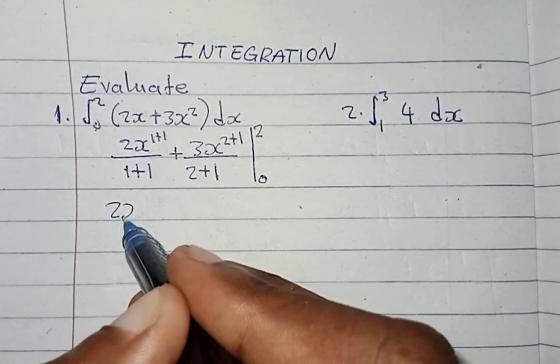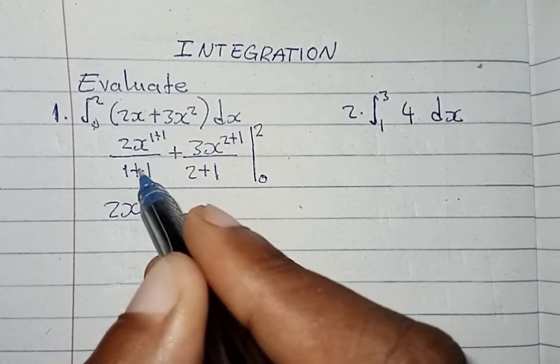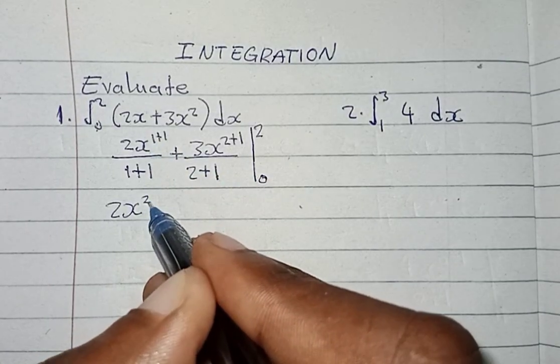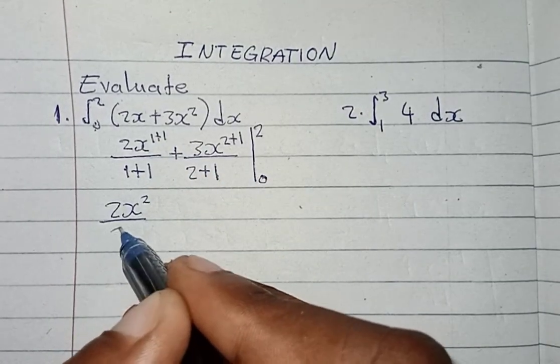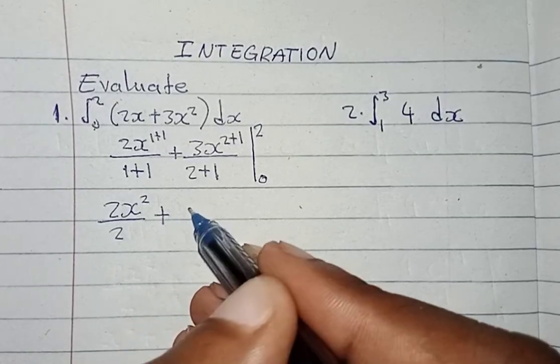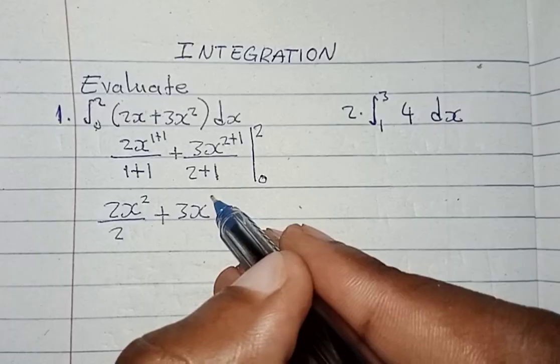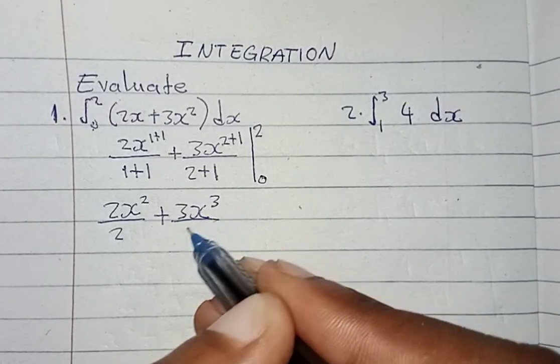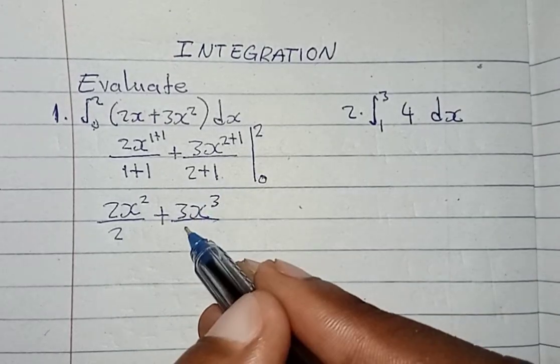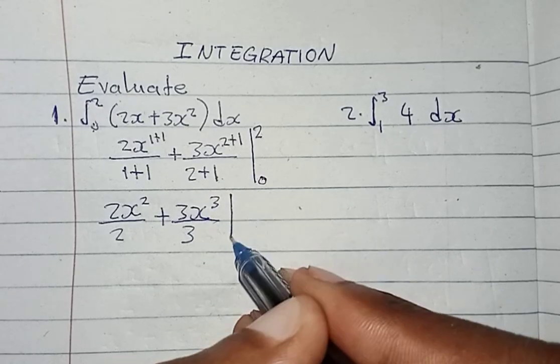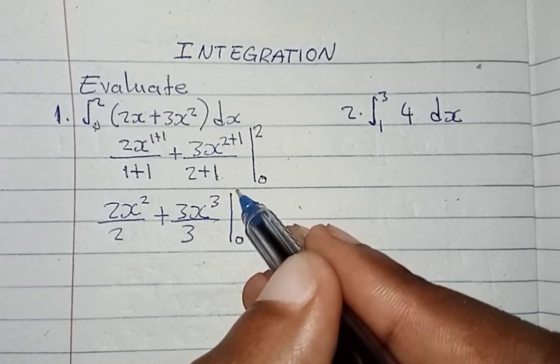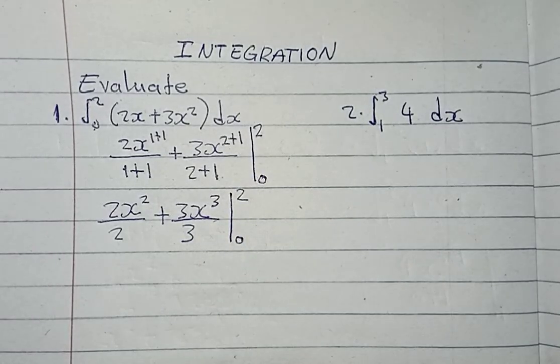We have 2x, 1 plus 1 is 2 over 2, plus 3x, 2 plus 1, 3 over 2 plus 1, 3. Our limits 0 to 2.